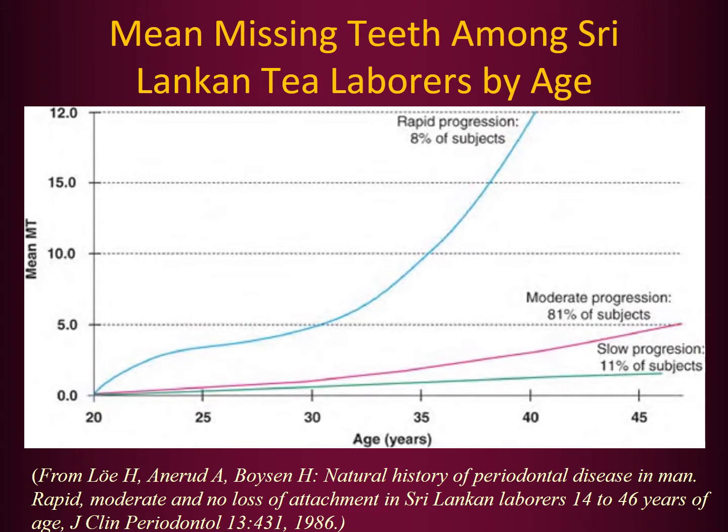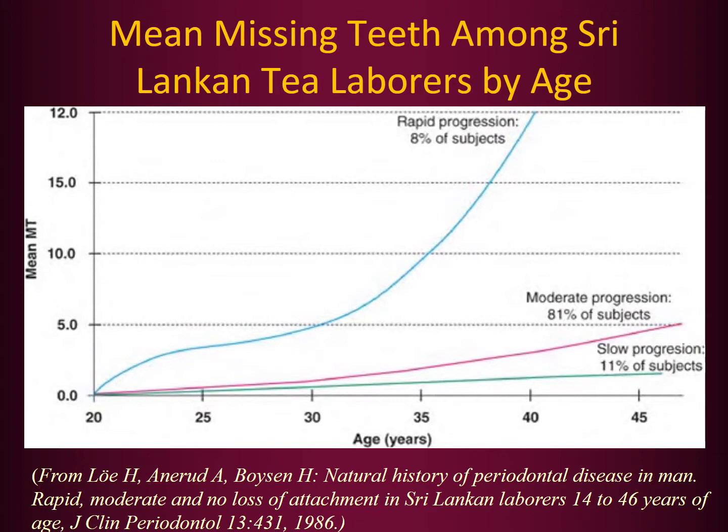You notice that the slow progression group lost the fewest number of teeth. The moderate progression lost slightly more teeth, but you can see clearly that the rapid progression group lost the most teeth, which means that they lost most attachment, which resulted in tooth loss fairly early in their lives.